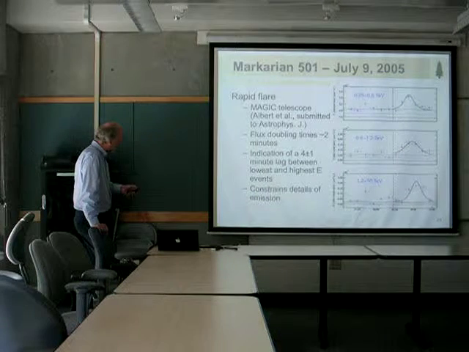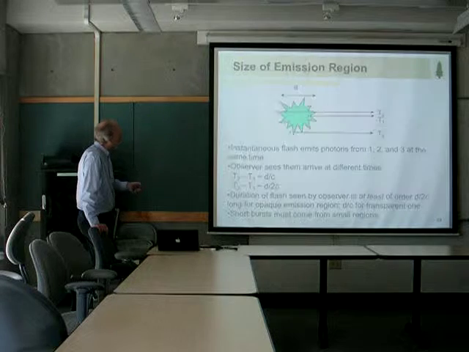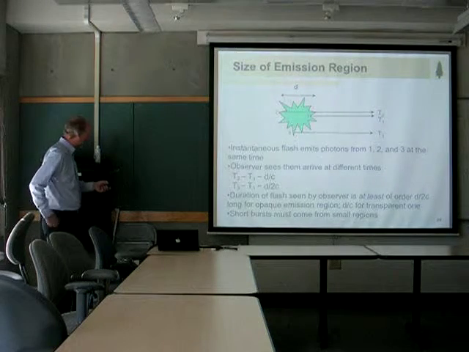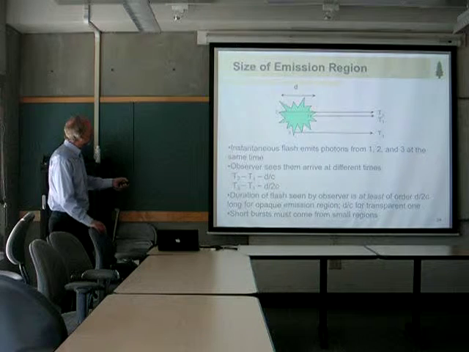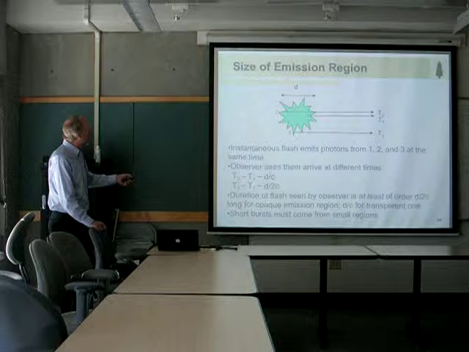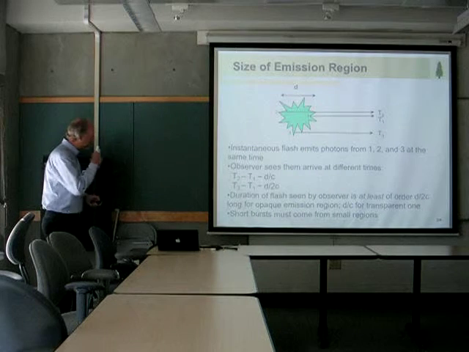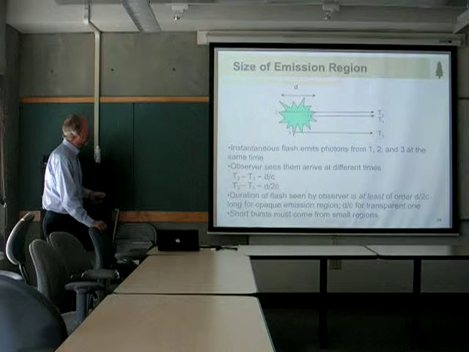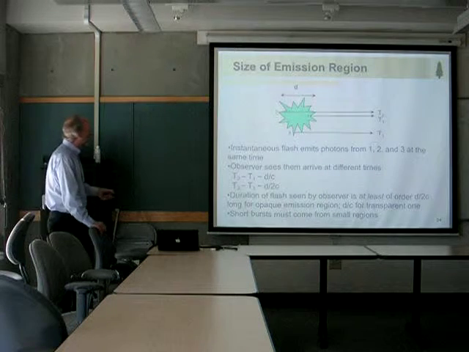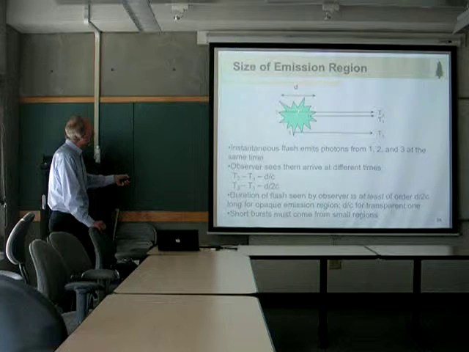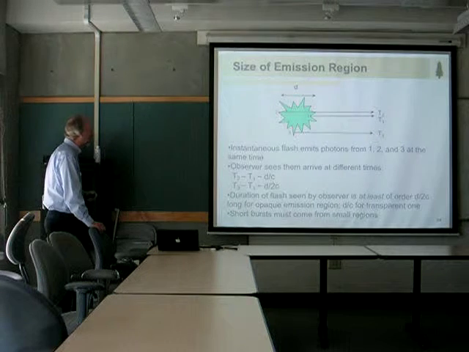And what this does is it allows us to say something about the emission region. If you imagine you have some region of size D that's producing gamma rays in an instantaneous flash over this whole region, photons are emitted from point 1, point 2, point 3 at the same time.